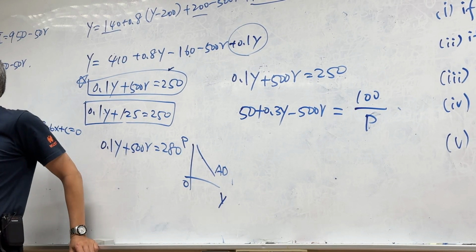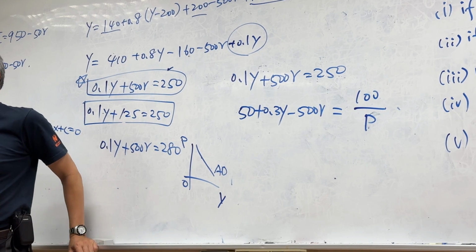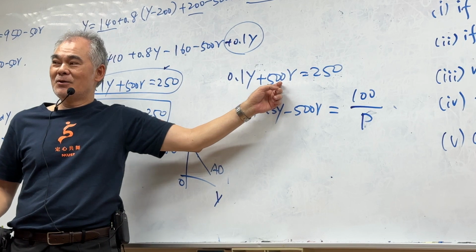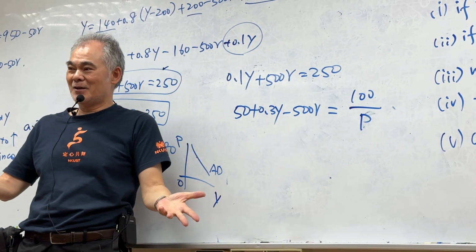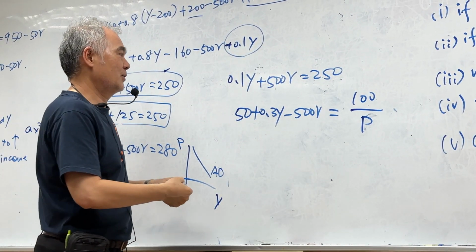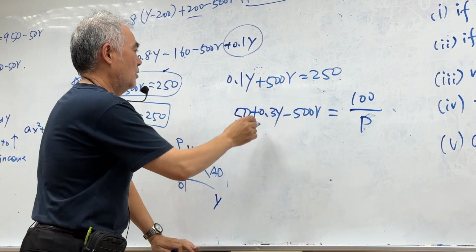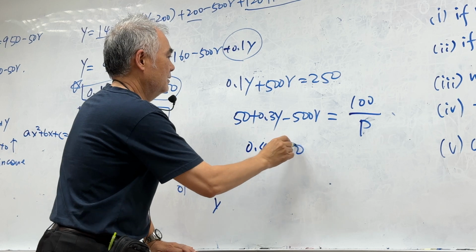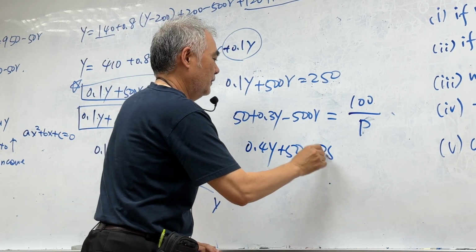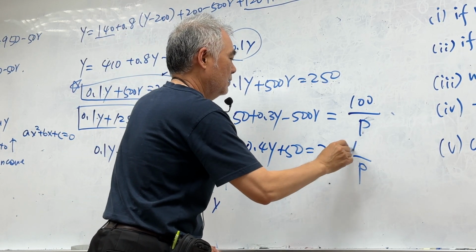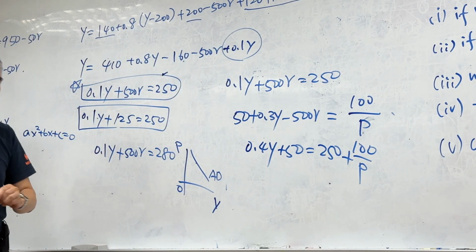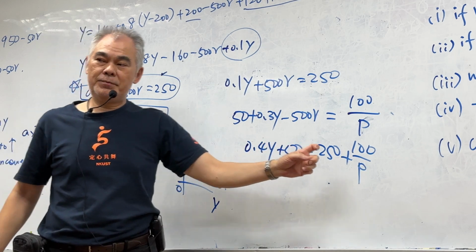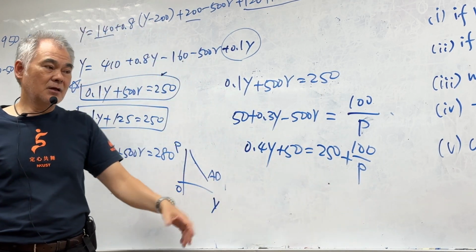Again, you want to be grateful to this professor. How to get rid of R? It's so easy. Here you have 500R, and you have negative 500R, you add them together, and R is gone. So you have 0.4y plus 50 is equal to 250 plus 100 over P. Now you have Y and you have P, so this is the aggregate demand curve.